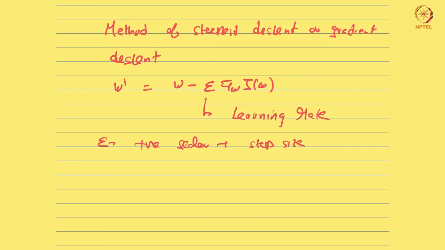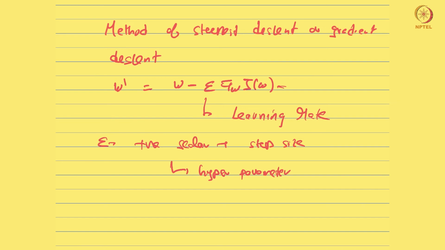But this is also a hyperparameter. We talked about hyperparameters, and this is one of those things that you would optimize in most machine learning algorithms. We calculate this gradient numerically, and then we keep moving.